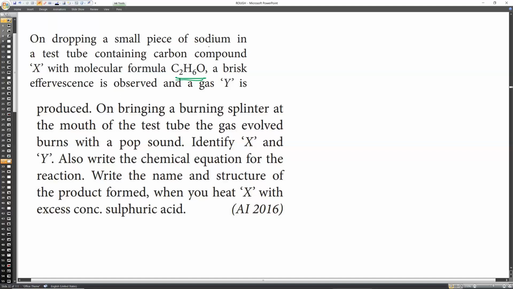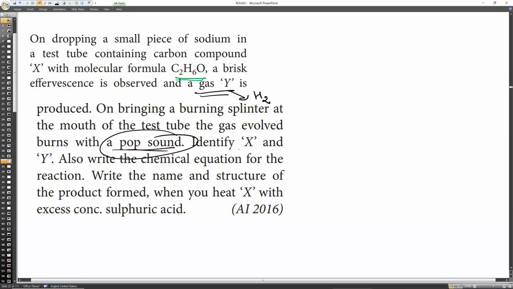It is saying that on dropping sodium in a test tube containing a compound with molecular formula C2H6O, a brisk effervescence is observed and a gas Y is produced. On bringing a splinter to the test tube, it burns with a pop sound, indicating that the gas is hydrogen gas.